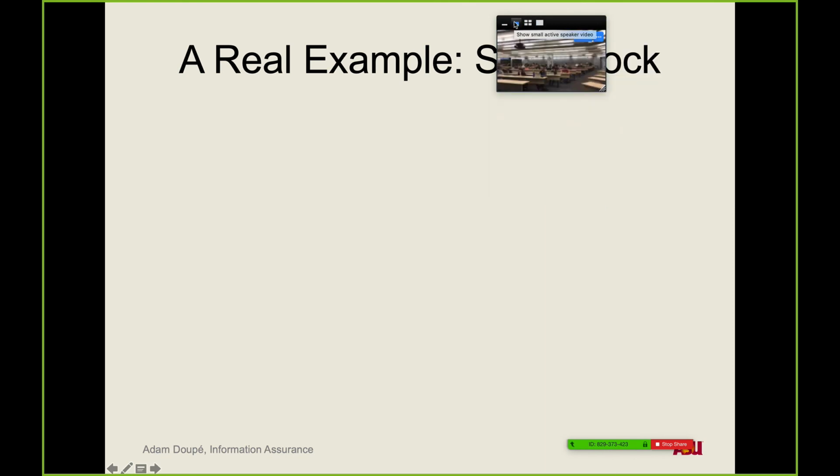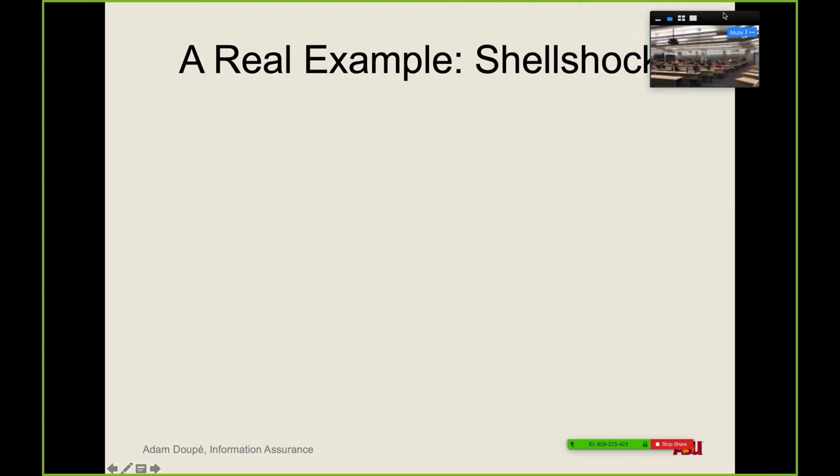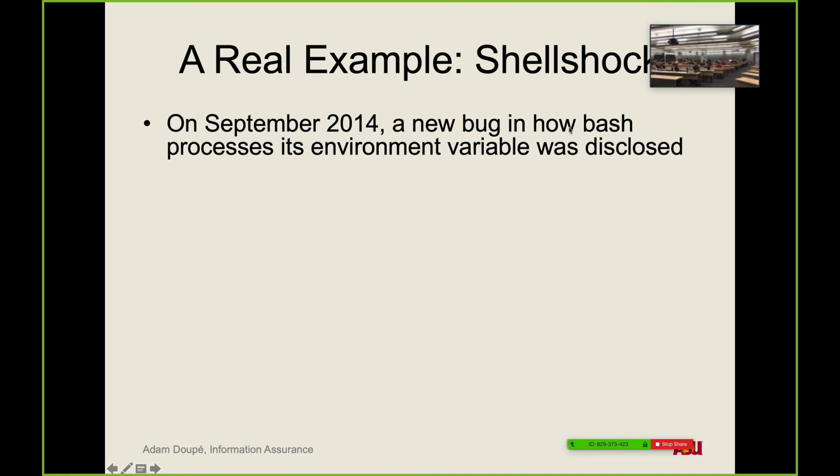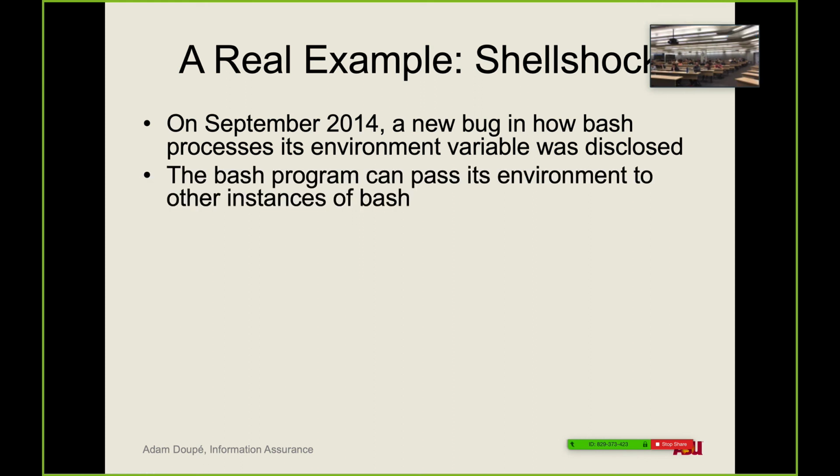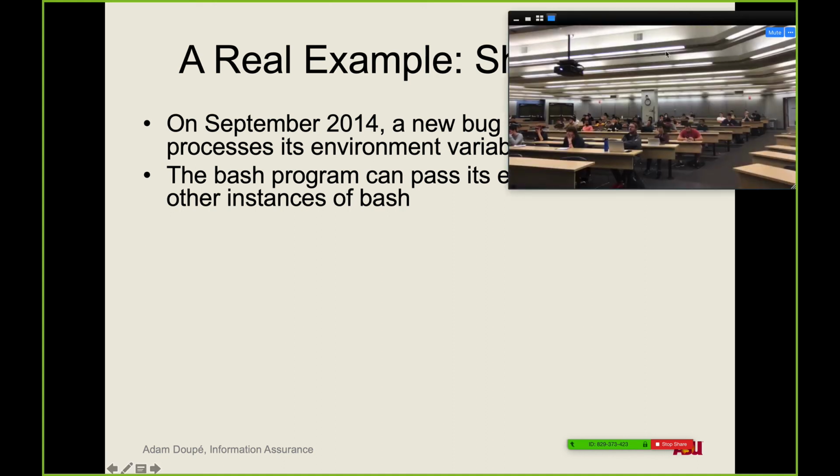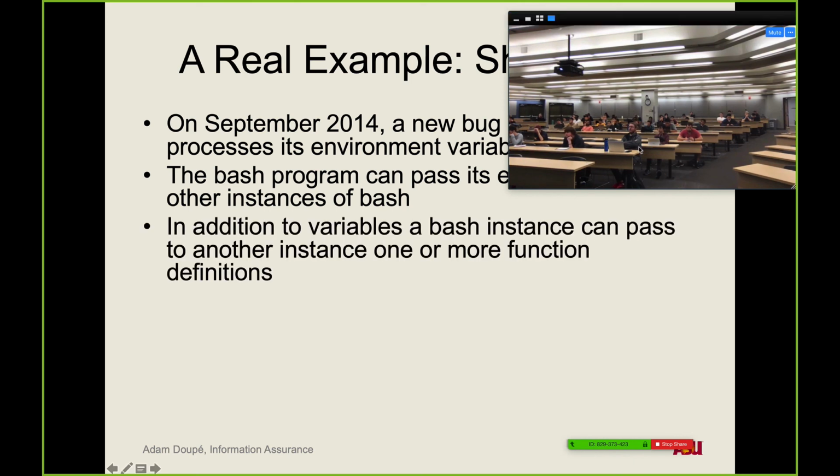So I want to show you one super cool example of this. So there was an example in 2014. There was a bug discovered in how Bash processes an environment variable. Essentially the idea was that Bash can pass through environment variables, not just data and code, but also function definitions.